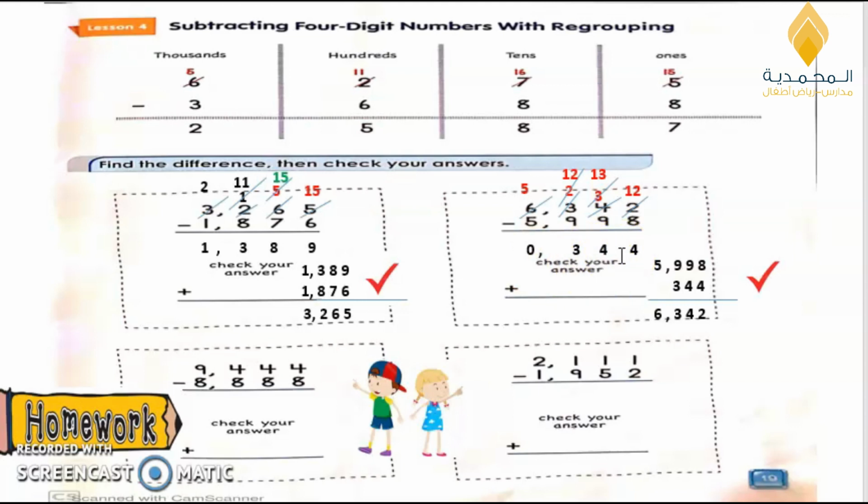344. Okay, now we will check if our answer is correct or not. I will add the difference here with this number. Look, 5,998 plus 344. Can you give me the answer, please? Good job. 6,342.